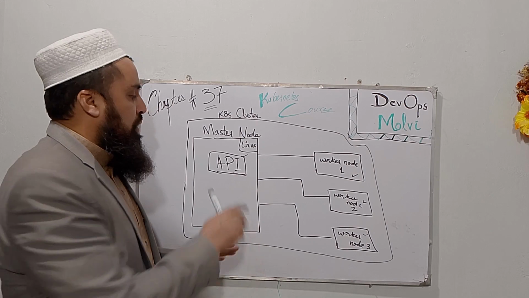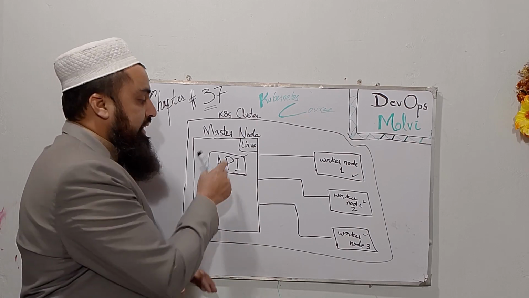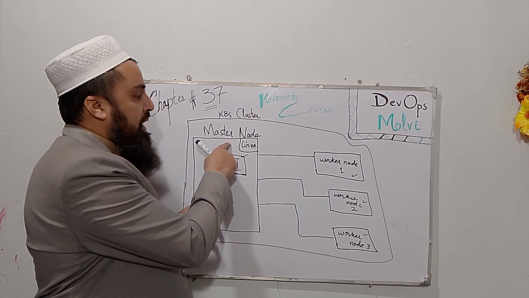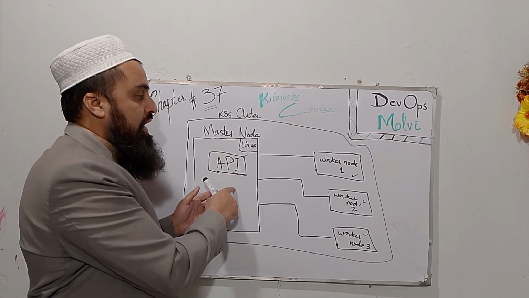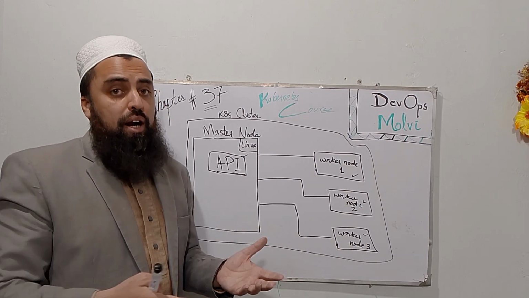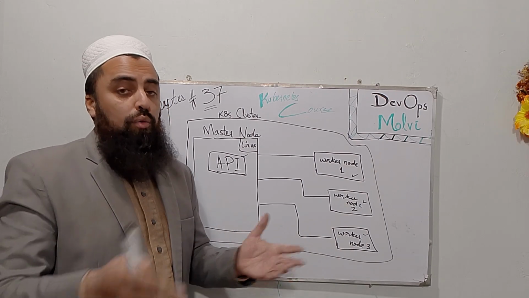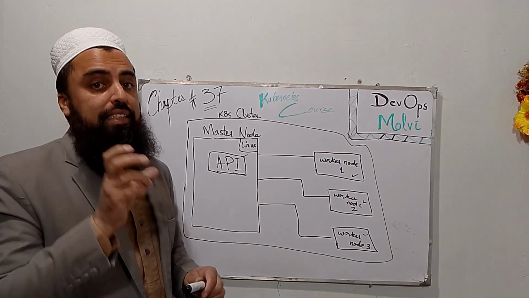But for now, we must know that we have this API server on the master node, and it triggers actions and commands. So how do worker nodes know which command to run, or what to do? We have a Kubelet service.